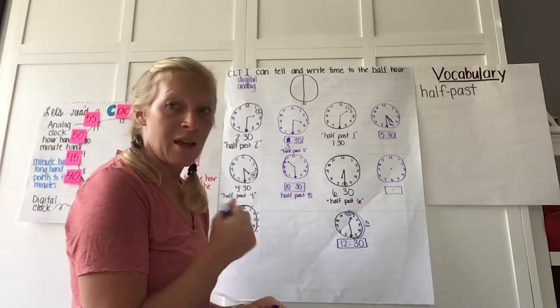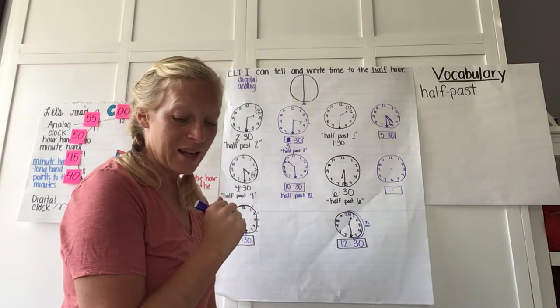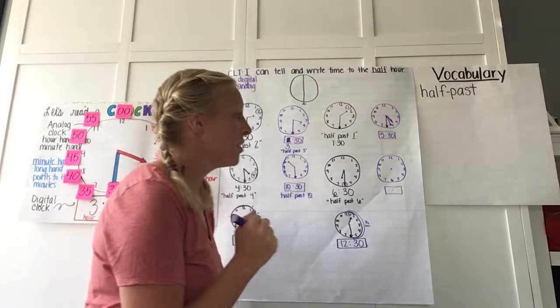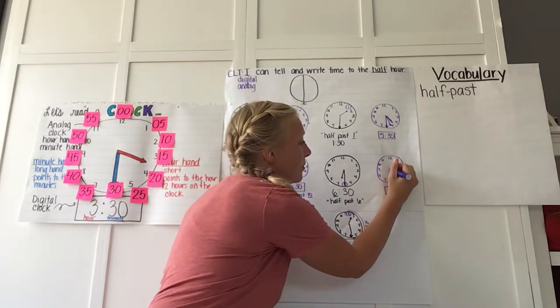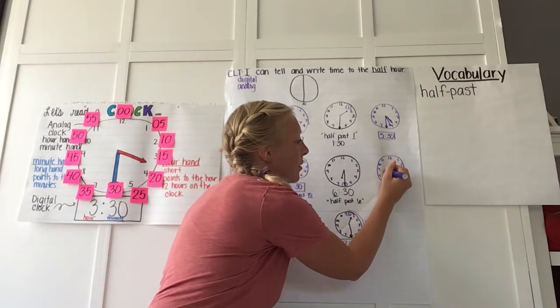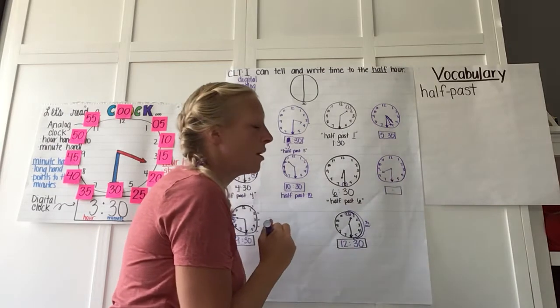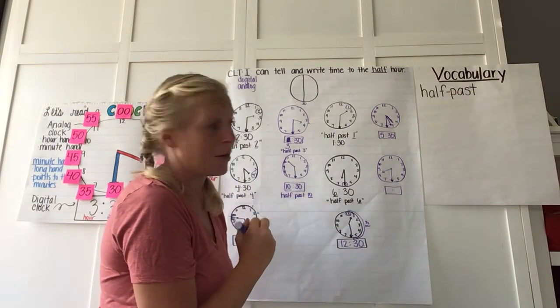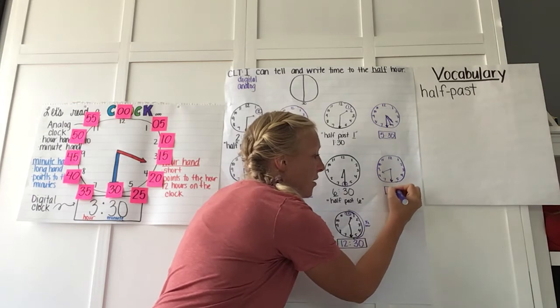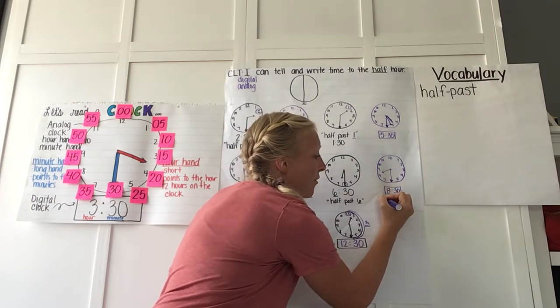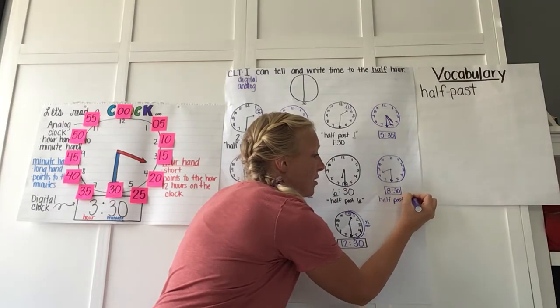Okay. Eloise says that this time shows 8:30. Are you ready? Eloise says it's 8:30. Addie says it's half past 8.